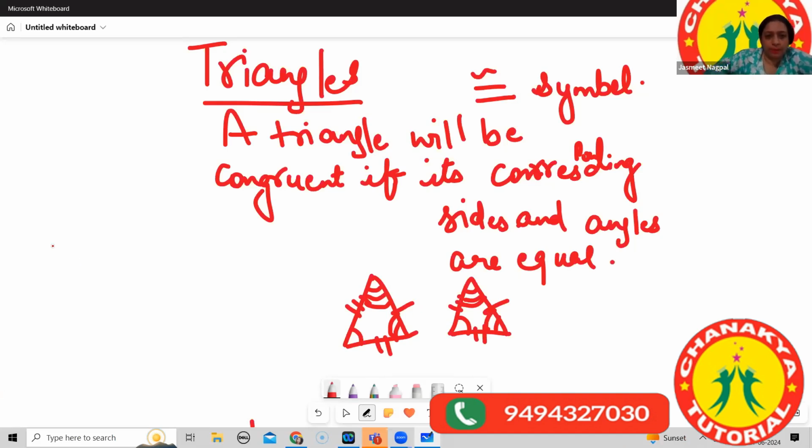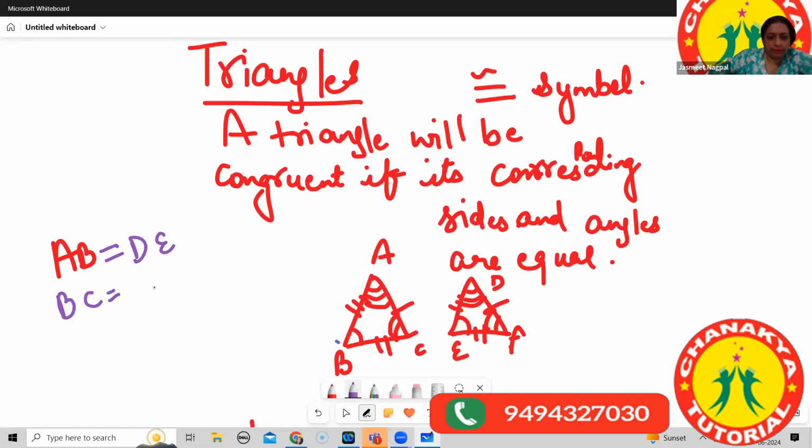Means what are the possibilities? The possibilities are, labeled this one ABC and DEF. Okay, so the possibilities are AB is equal to DE, BC is equal to EF, AC is equal to DF.